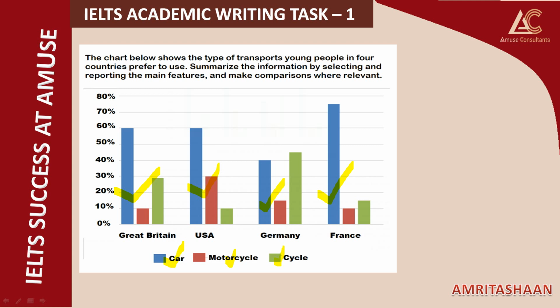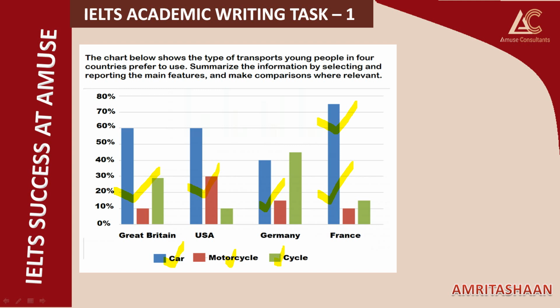So if we look at the graph, we come to know that the car is highly preferred by the young generation in France. More than 70% of people love to use it, and the lowest figure is visible in Germany. Even the people of Great Britain and USA take it as their first preference, and the figure is around 60%.